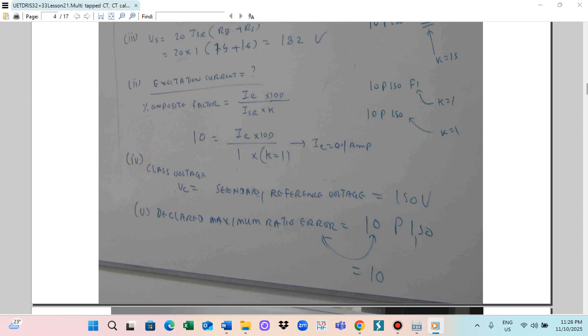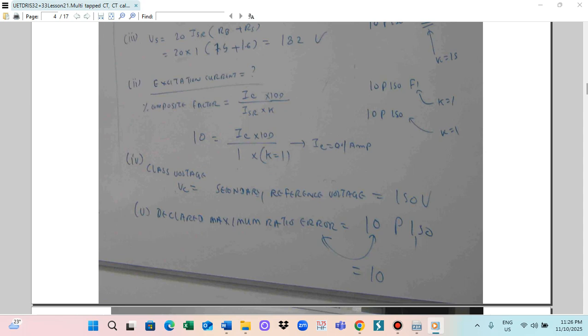And VS is 20 times ISR into RB plus RS, with secondary current 1, RB 7.5, and RS 1 by 6. Then you get 182 volts. The class voltage is already given as 150, and the declared maximum ratio error is 10%. By this way you can calculate this problem.